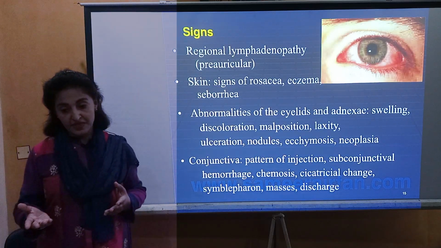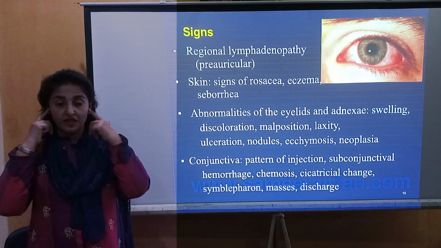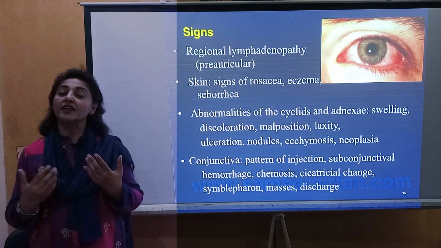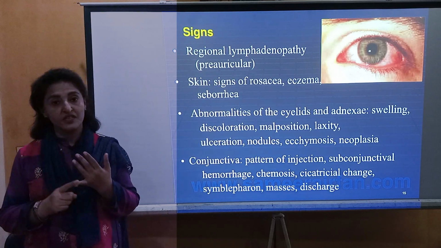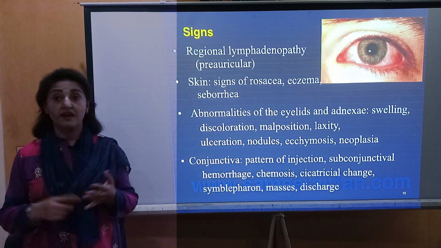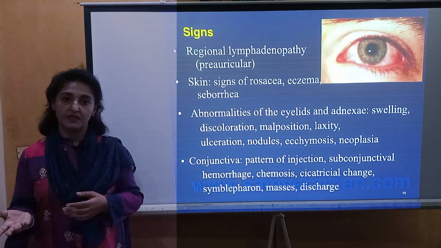For conjunctivitis, it's important to look for regional lymphadenopathy, particularly preauricular, because that is an important clue towards adenoviral infection and chlamydia infection, and of course any malignancy.